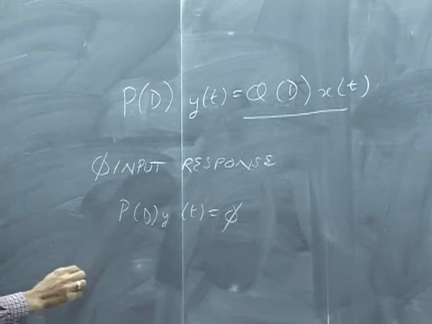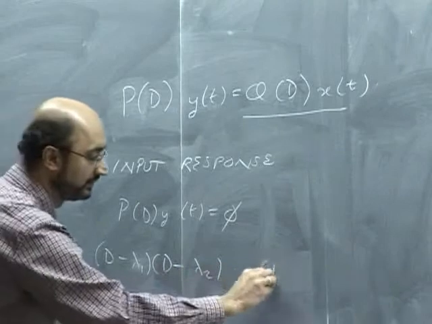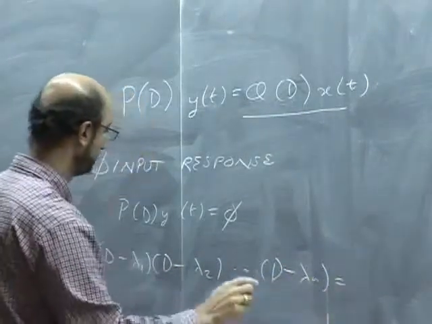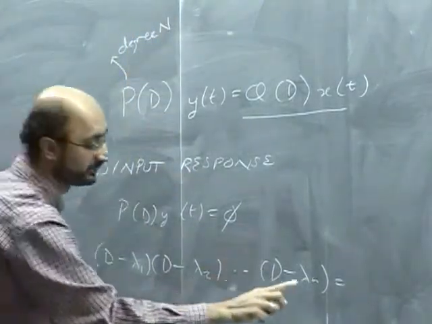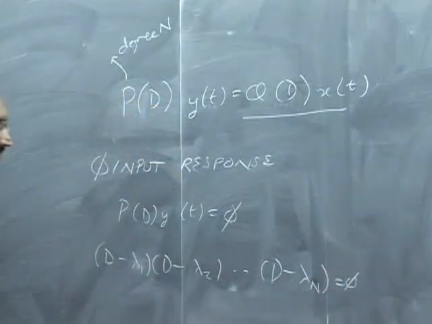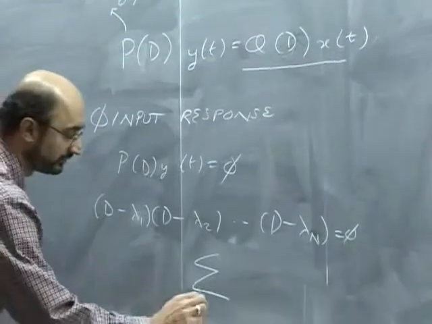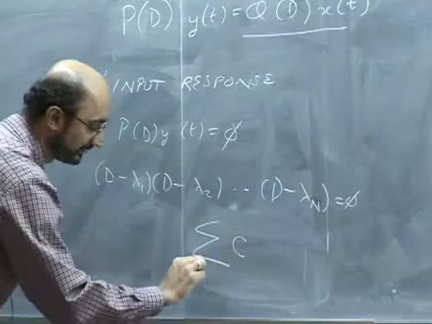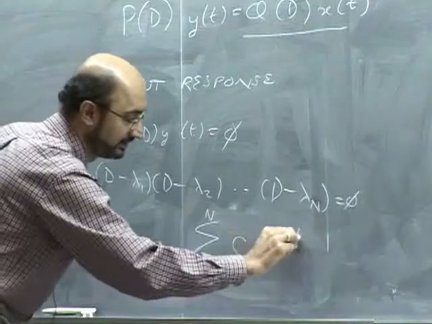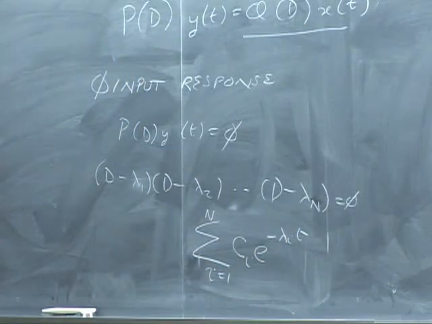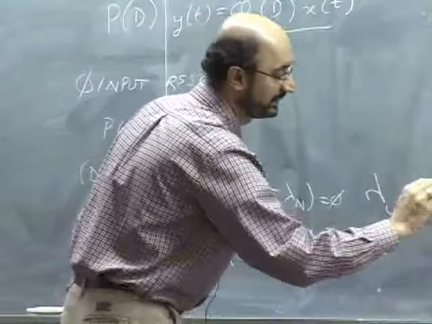and the case we considered was when you can factorize this using distinct factors as (D minus lambda 1)(D minus lambda 2) through (D minus lambda N) equals 0, where this is a polynomial of degree N. This leads to what I call the characteristic modes, and the general solution is the sum over i equals 1 through N of c_i e to the lambda_i t, which is a set of complex exponentials because the lambdas belong to the complex plane.